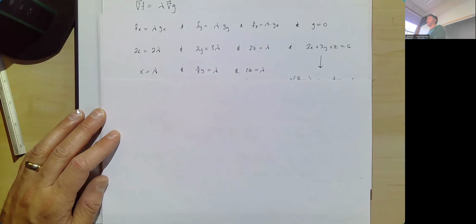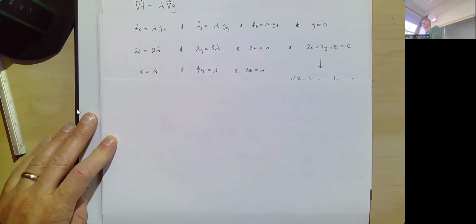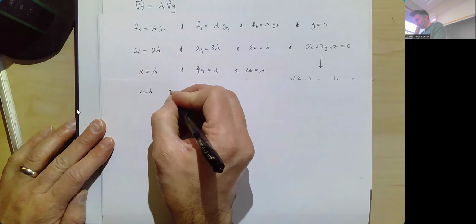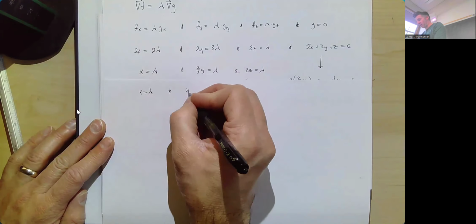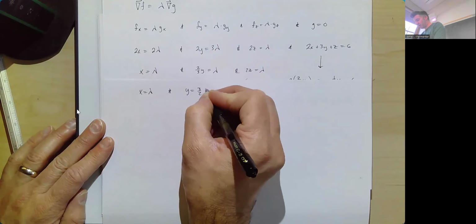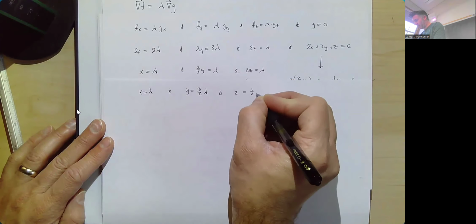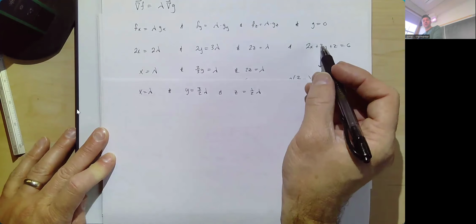I'm not using the right word. I could have solved each of these in terms of lambda, meaning x equals lambda, and multiply both sides by 3/2 to get y equals 3/2 lambda, and multiply both sides by 1/2 to get z equal to 1/2 lambda, and then plug all of that into your constraint.